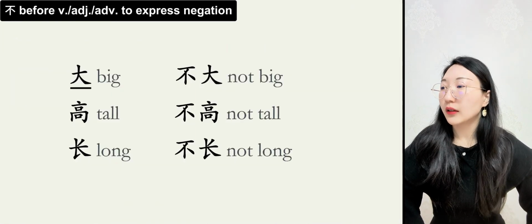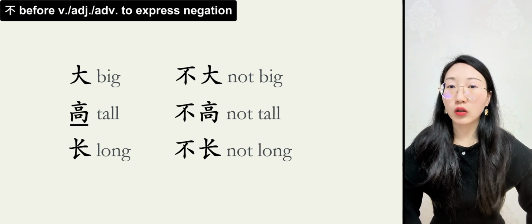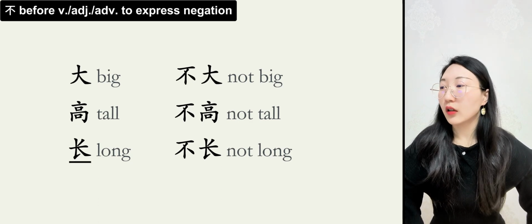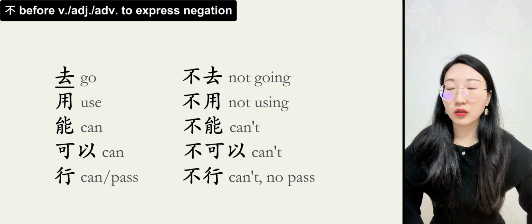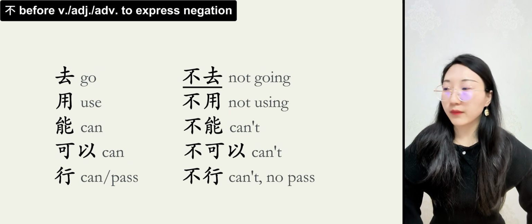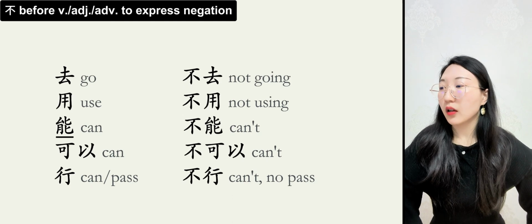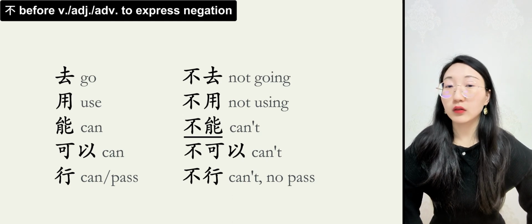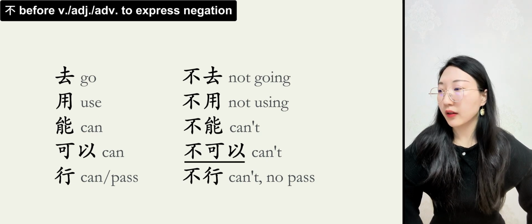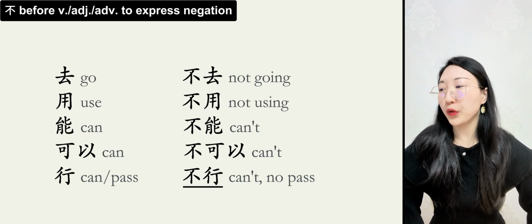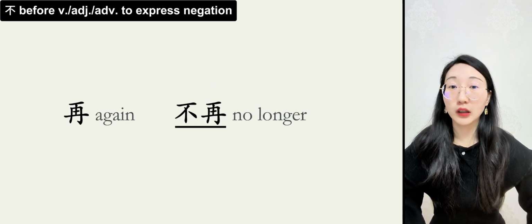For example, 大, big, 不大, not big; 高, tall, 不高, not tall; 长, long, 不长, not long; 去, go, 不去, won't go, not going; 用, use, 不用, won't use, not using; 能, can, 不能, can't; 可以, can, 不可以, can't; 行, can, pass, 不行, can't, no pass; 在, again, 不在, no longer.